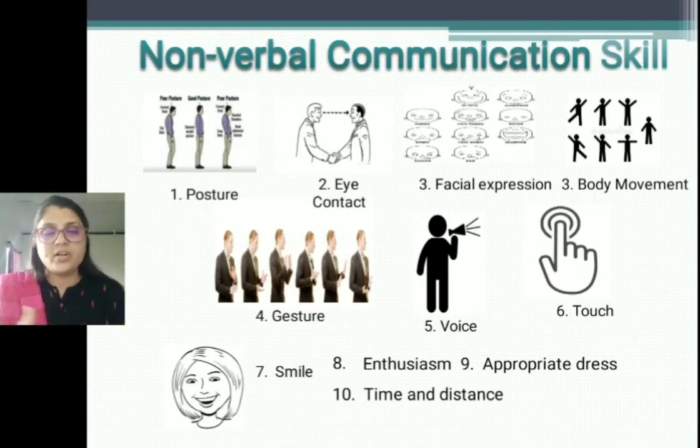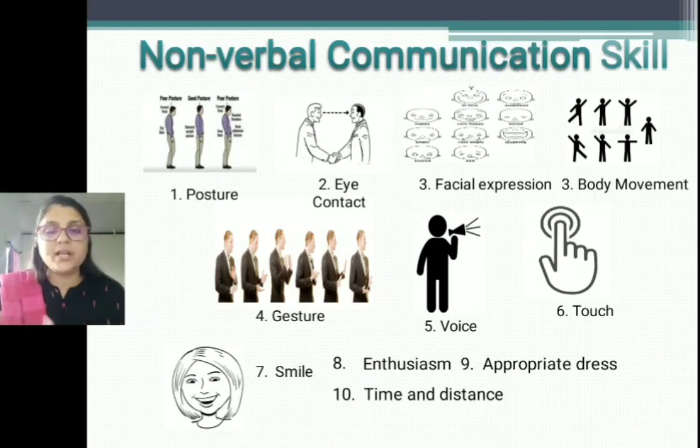The smile, I already told you, gives energetic enthusiasm and positiveness in your communication skills. So always keep a smile on your face when you are talking with someone, in a corporate area, in your professional life, or in your business. So while you want to establish an enterprise, keep in mind all these things. Then enthusiasm is there, appropriate dress is there.